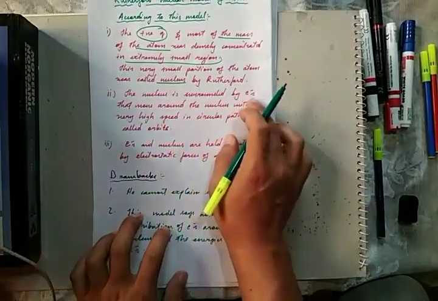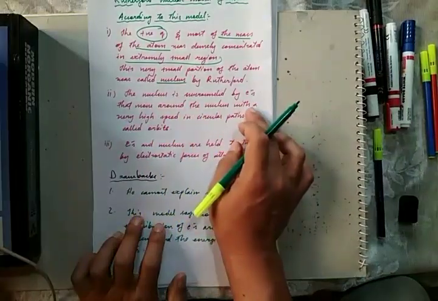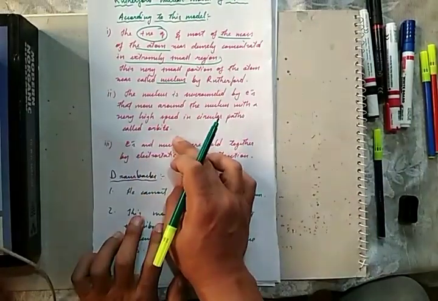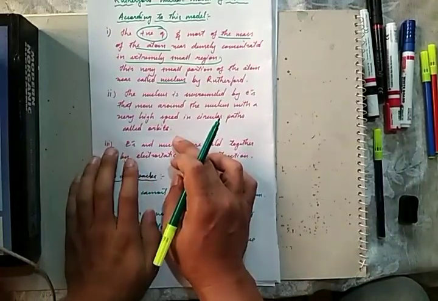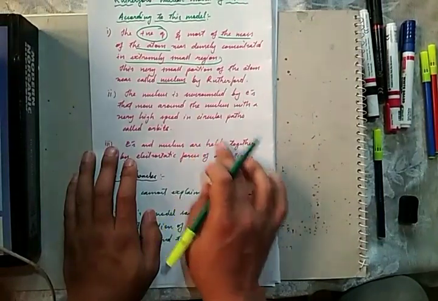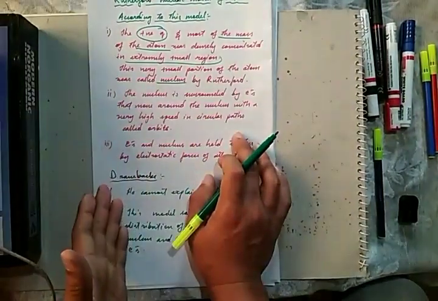The nucleus is surrounded by electrons that move around it with very high speed in circular paths called orbits, like the planets revolve around the sun.